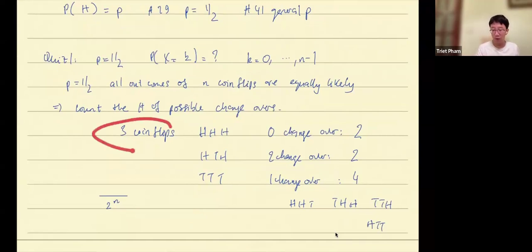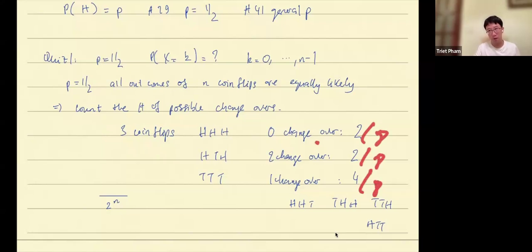So if we have 3 coin flips, then the probability of no changeover is 2/8, which is 1/4. 2 changeovers is also 1/4. 1 changeover is a half. Understand? So that's counting with 3 coin flips.